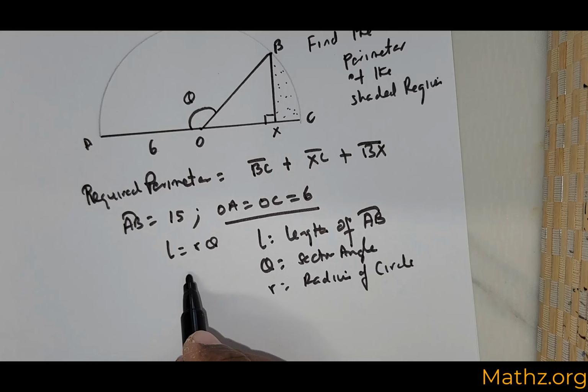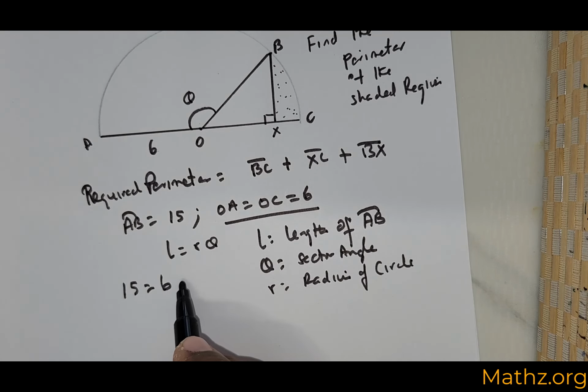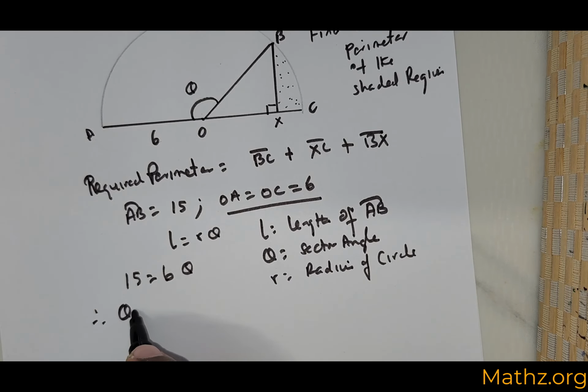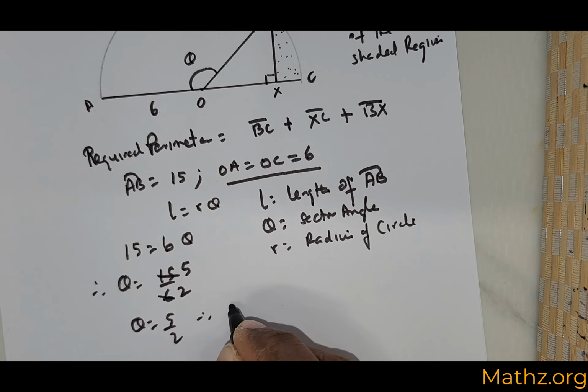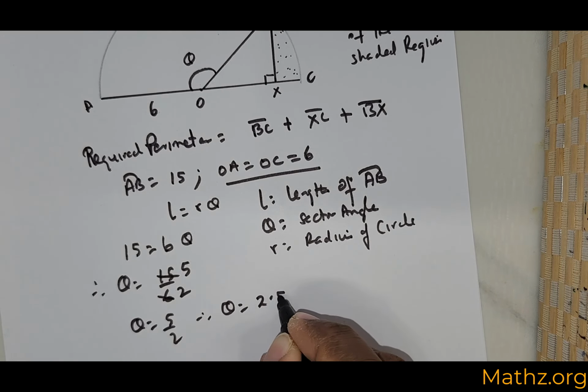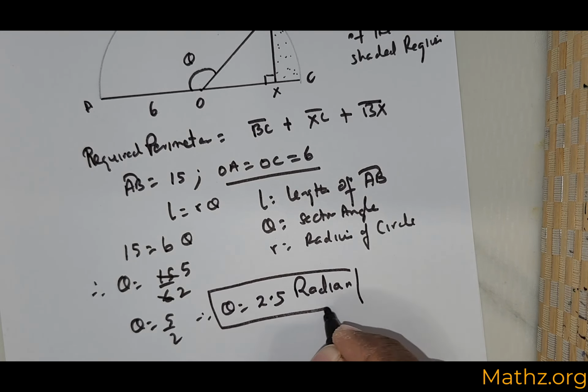So substituting, L is 15 units, R is 6 units, and theta is what is required. So theta is equal to 15 over 6. 3 can divide here 2 times, 3 can divide here 5 times. So theta is equal to 5 over 2. That is going to be 2.5 radian. So this is calculated in radian measure.